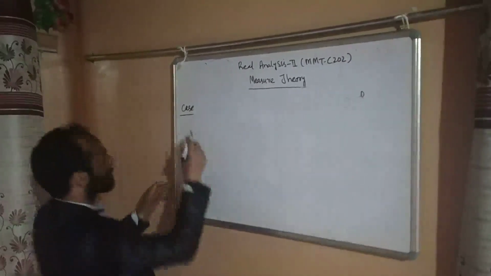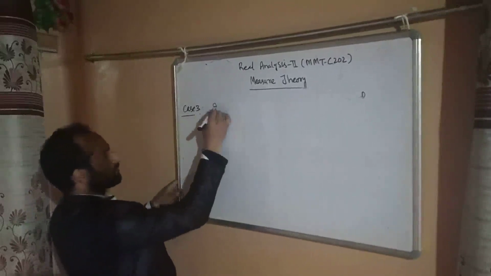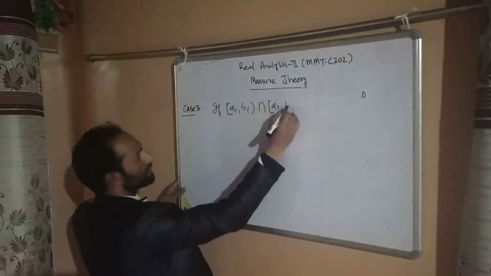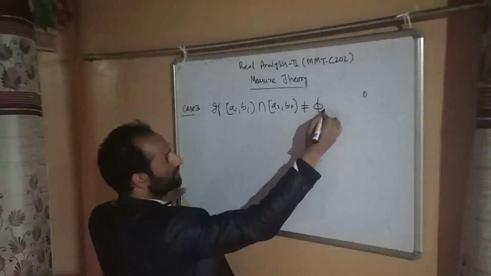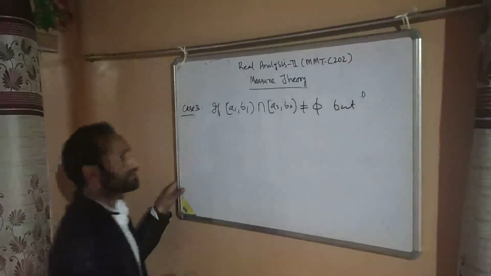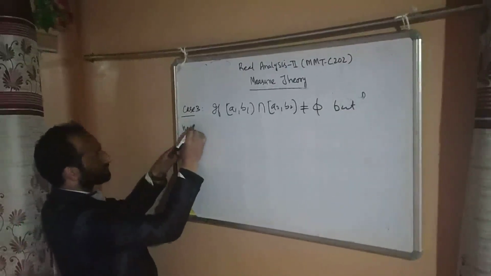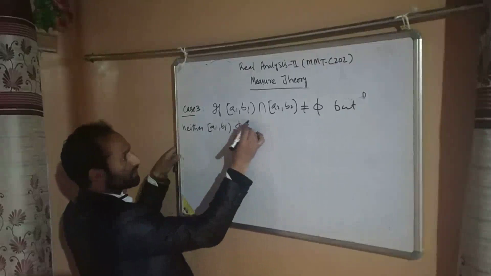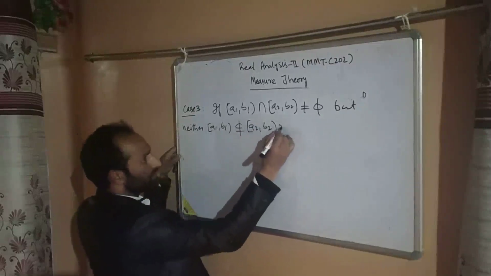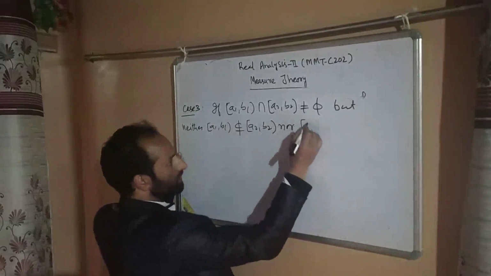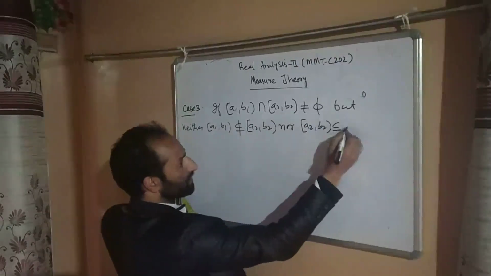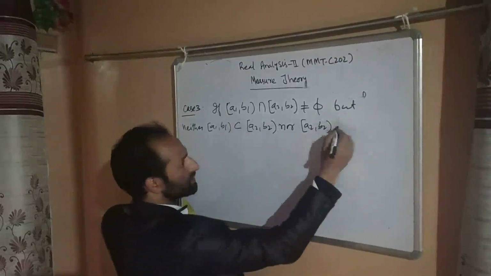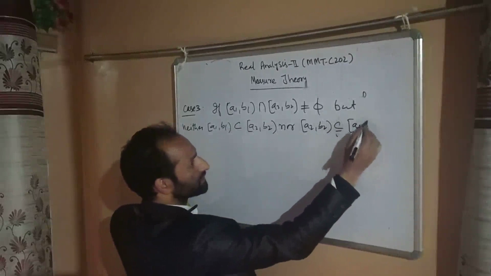So if A1 B1 intersection A2 B2 is not equal to phi, but neither is A1 B1 a subset of A2 B2, nor is A2 B2 a subset of A1 B1.